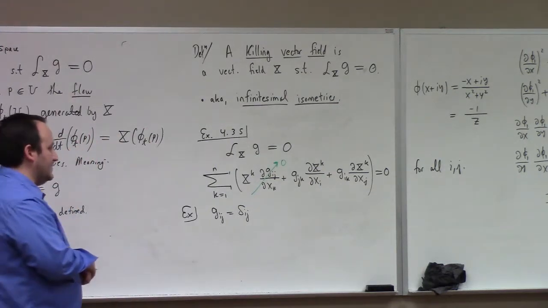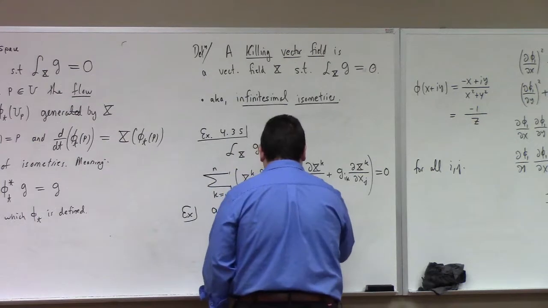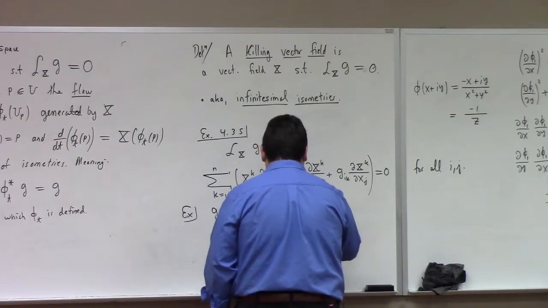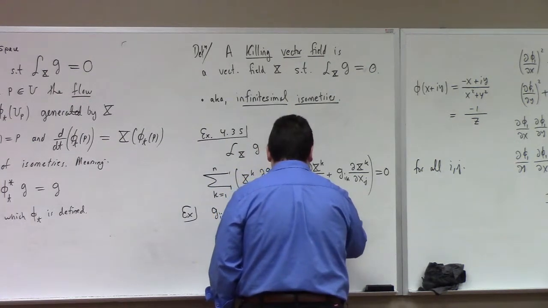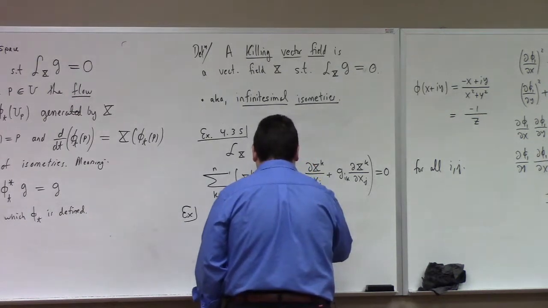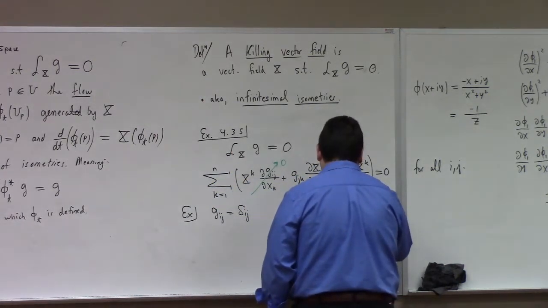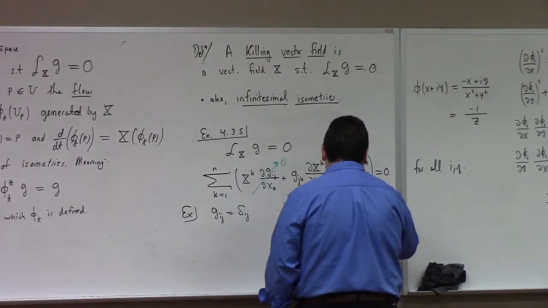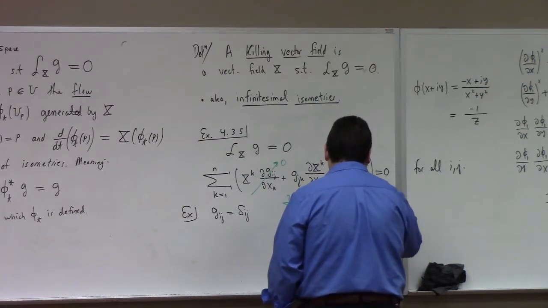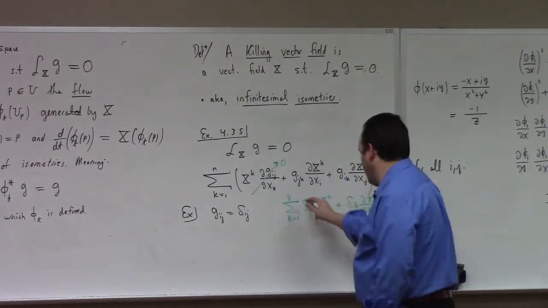And so we're looking at the sum of delta_jk partial x_k partial x_i, k equals 1 to, we'll do the plane, 2, plus delta_ik partial x_k partial x_j.